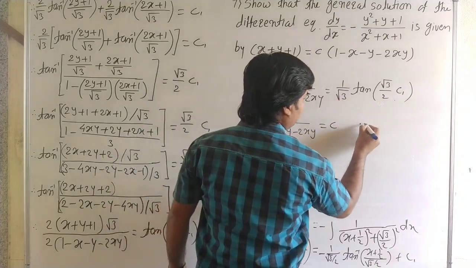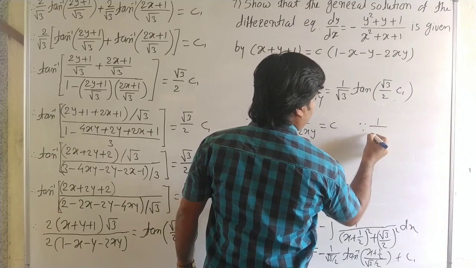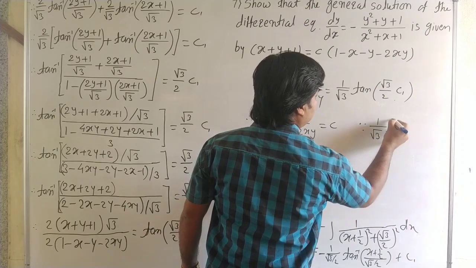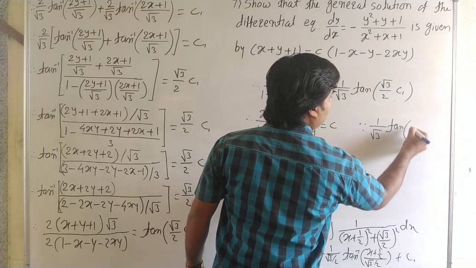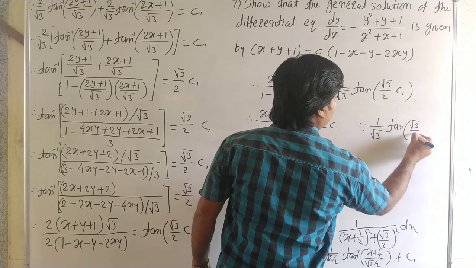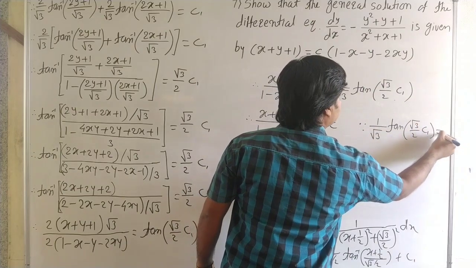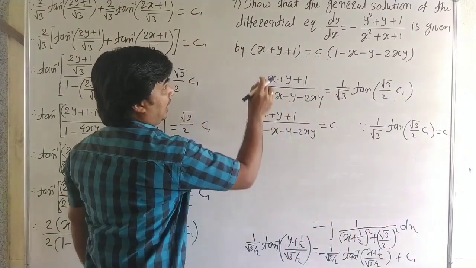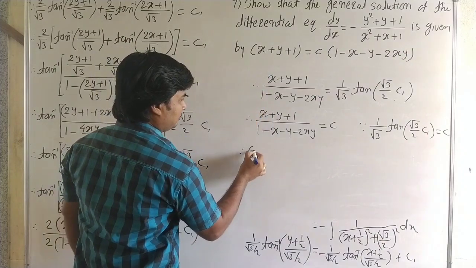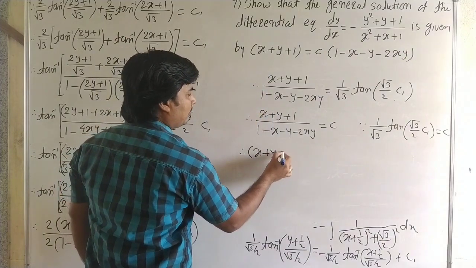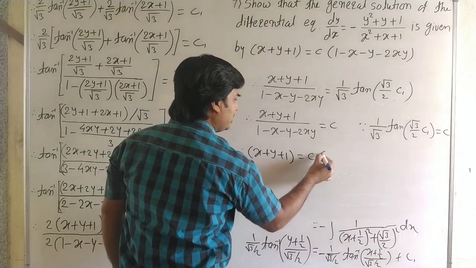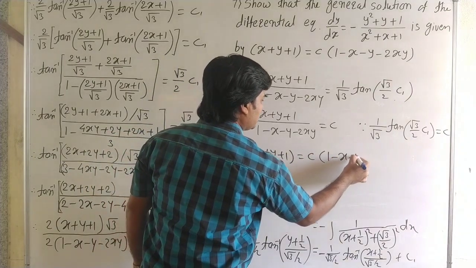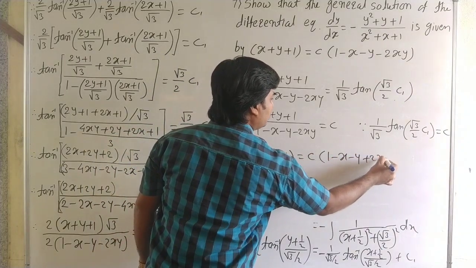Here it is 1 by under root 3 tan of under root 3 by 2 into c1 is equal to, we take c, this c, and here we get the last answer. x plus y plus 1 is equal to c into 1 minus x minus y plus 2xy.